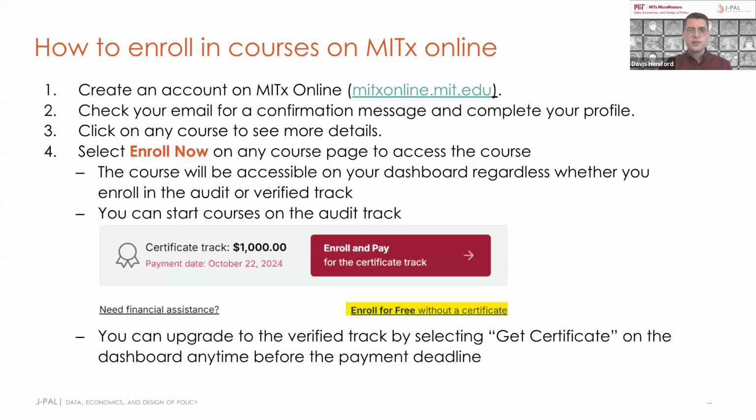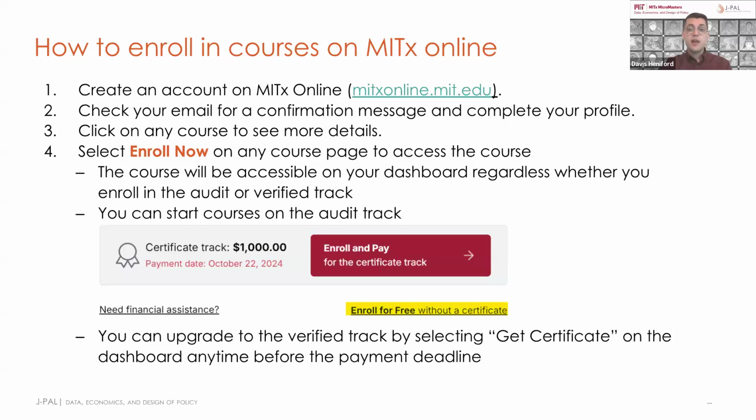One important thing I'll also note here is that when you enroll, you will have the option to pay for the course at full price, request financial assistance, or access the course for free as an auditor. No matter which option you choose, the course will automatically be added to your dashboard, and you don't need to pay for the course to access the materials.